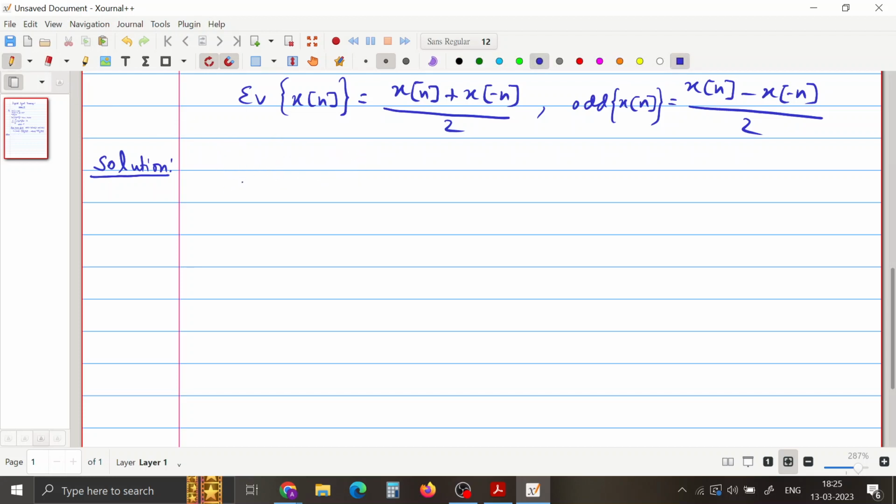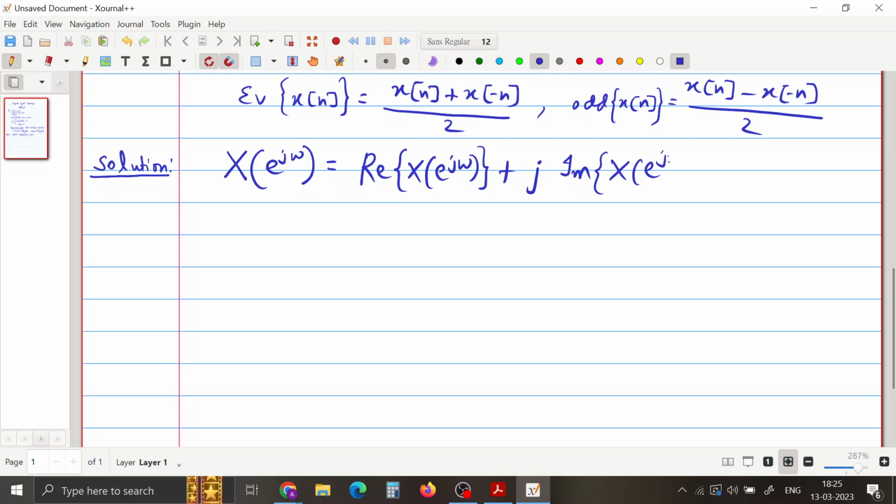So the Fourier transform of x of n, which is X of e power j omega, is a complex number in general, so it has two parts, a real part and an imaginary part: real part plus j times the imaginary part. Correct?